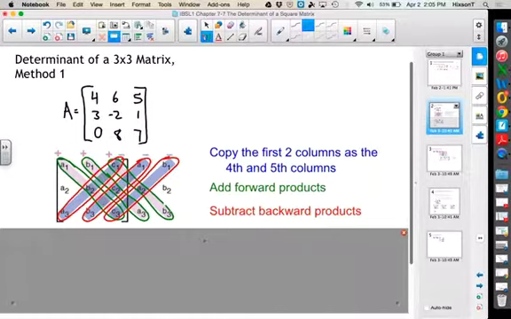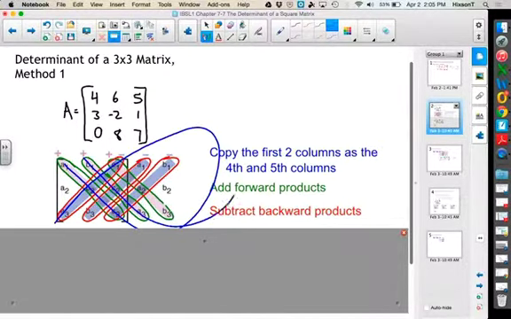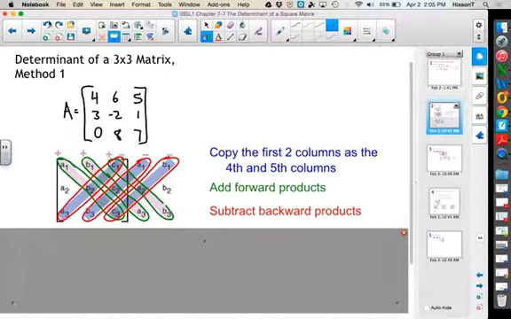Just like on the 2 by 2, where we added the diagonal going forward and subtracted the diagonal going backward, we're using the same concept with our 3 by 3s. It's a super school of fish, triple fish, but that's probably more confusing than helpful, so we'll get rid of it.